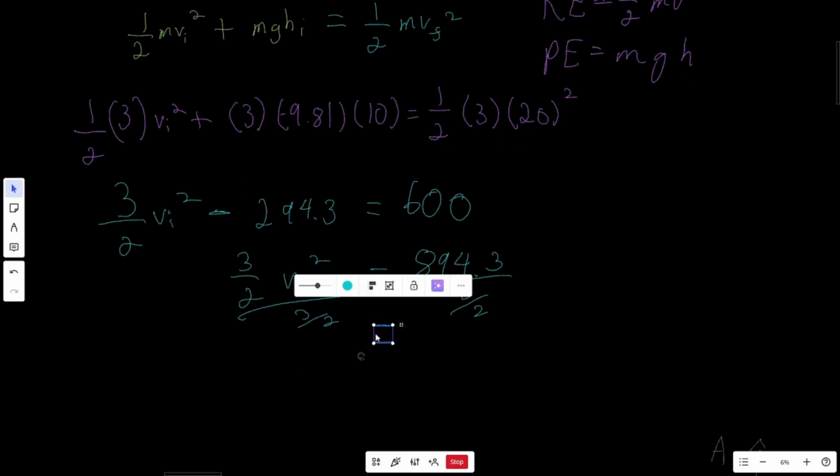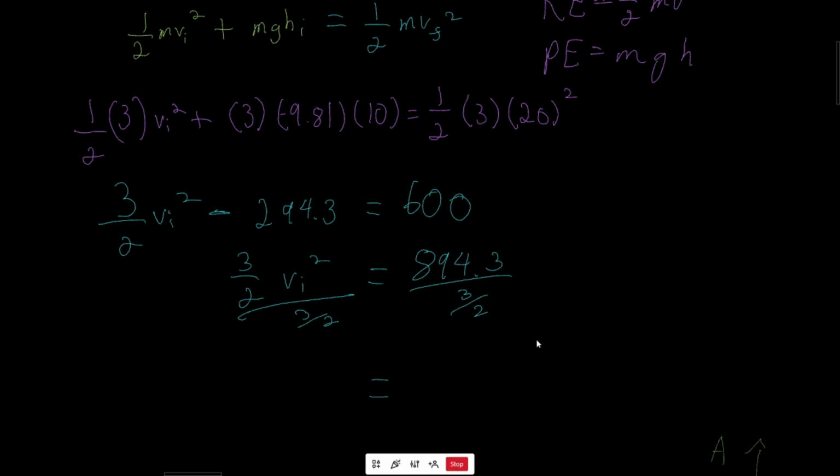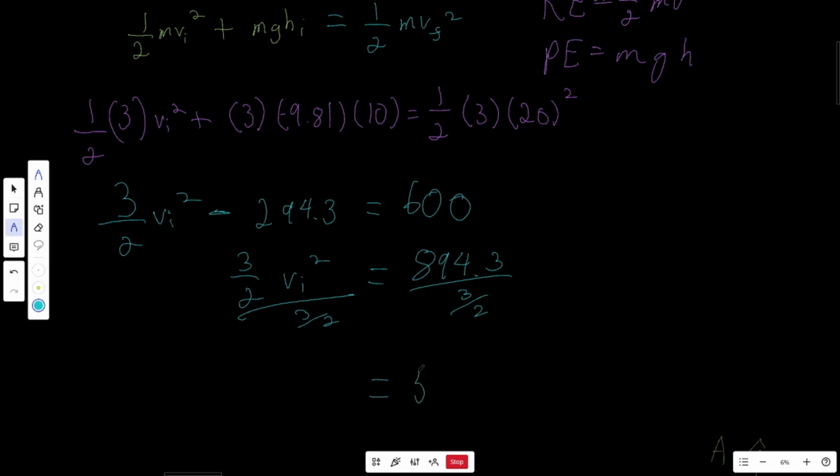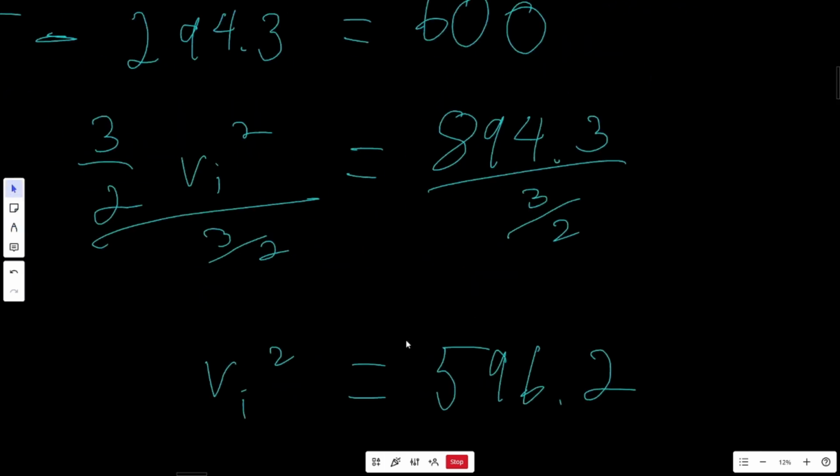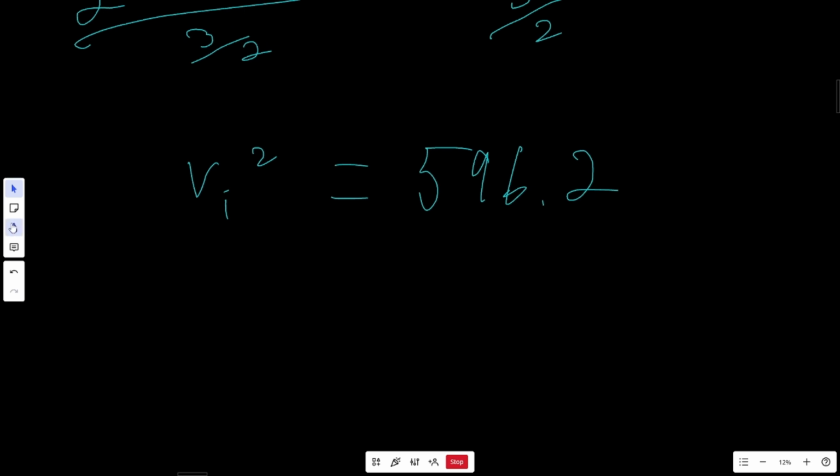Using our calculators, that will get us 894.3 divided by 3/2. Hold up. 3/2. This will get us 596.2, which is equal to vi squared. Now again, we just want vi, so we're just going to get the square root of both sides.